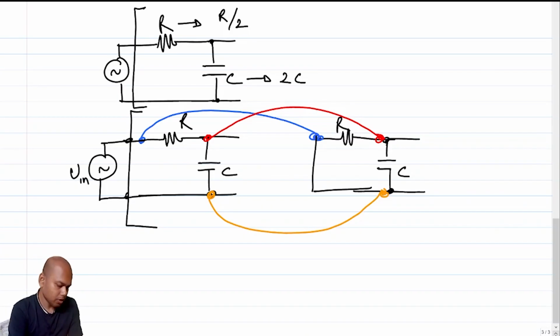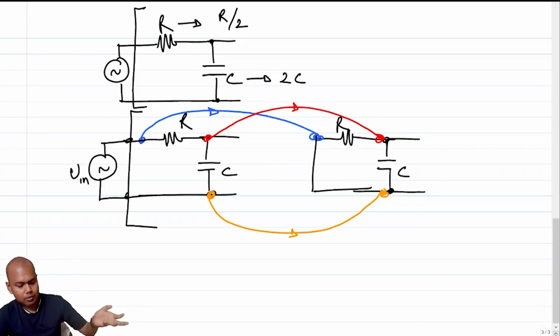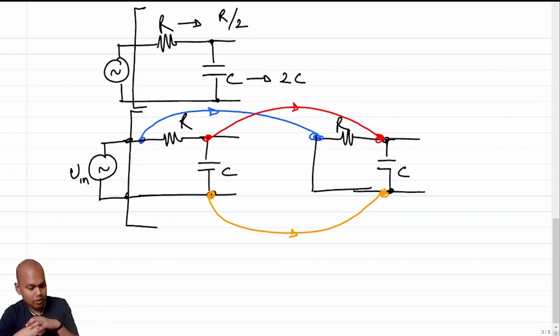Obviously the signal current through these colored wires is all 0, because all the nodes for the circuit on the left and the right are at the same potential.